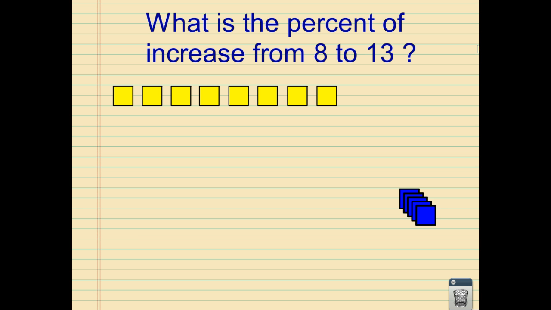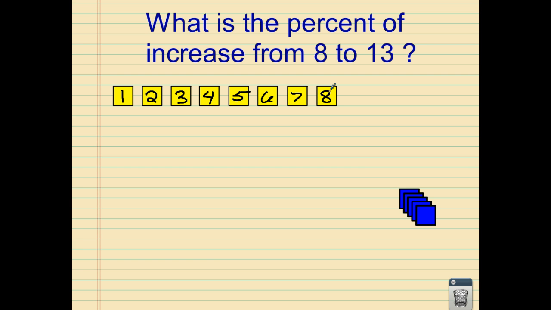All right, it says, what is the percent of increase from 8 to 13? So we are beginning with 8, and we are going to be increasing in size to 13. So if I were to set an example to this, I might say, I have 8 video games to start.